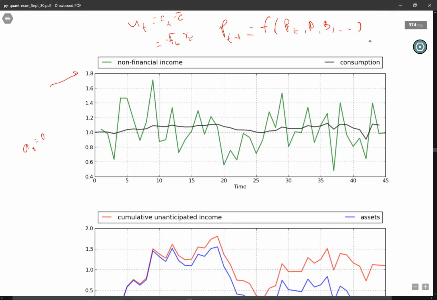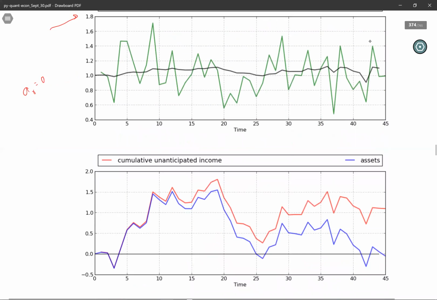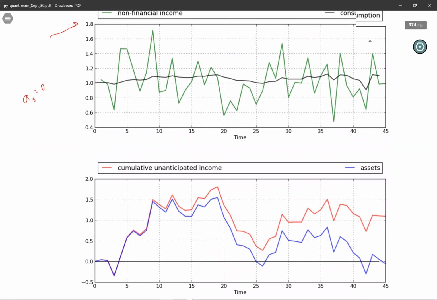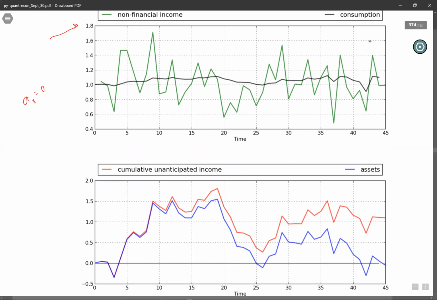Okay. So the striking thing about this is this black line is his consumption. And the green line is his non-financial income. So what the person is doing is he's using saving and dissaving at the risk-free rate of R. Well, I have to tell you what, this is Milton Friedman and Robert Hall and Robert Barro's assumption.